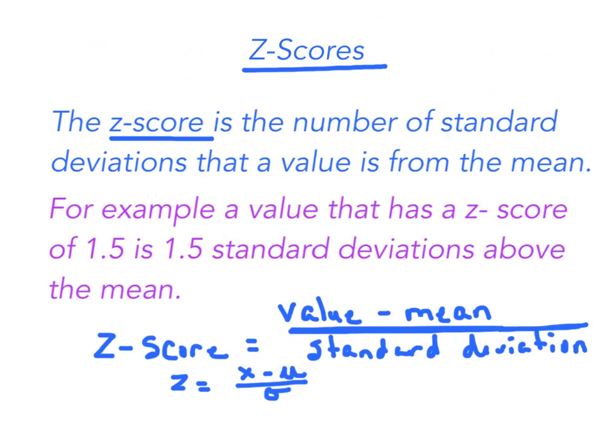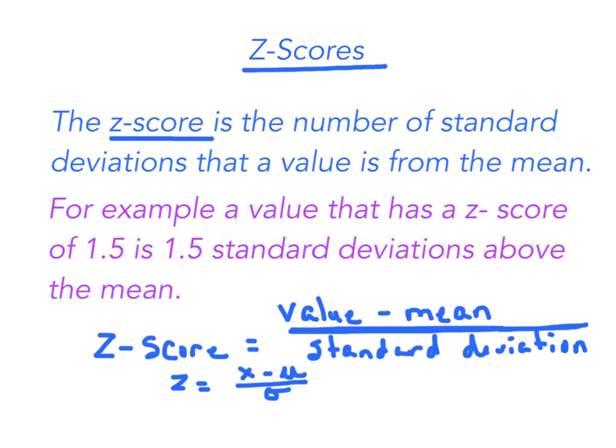Now, if the value had a z-score of negative 1.5, then that would mean that the value is 1.5 standard deviations below the mean. So a positive z-score is above the mean, and a negative z-score means below the mean.